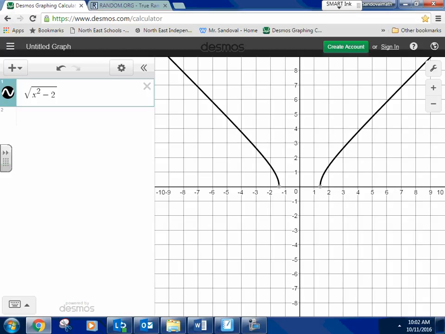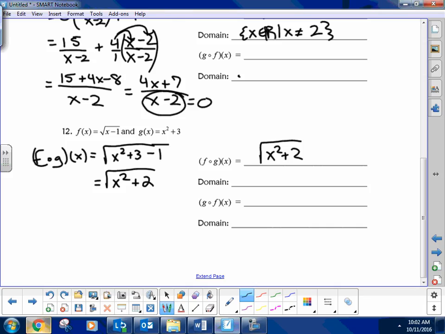Any values that are less than the square root of 2 are technically the ones that don't exist. So for this one, the domain is going to be negative infinity to the negative square root of 2, or positive square root of 2 to infinity.